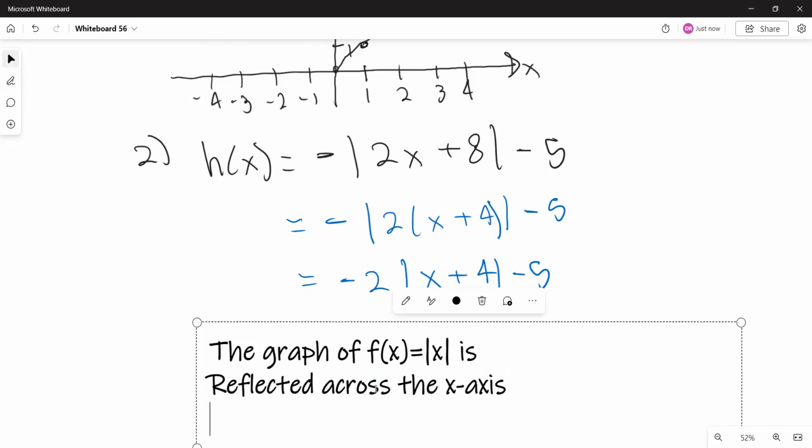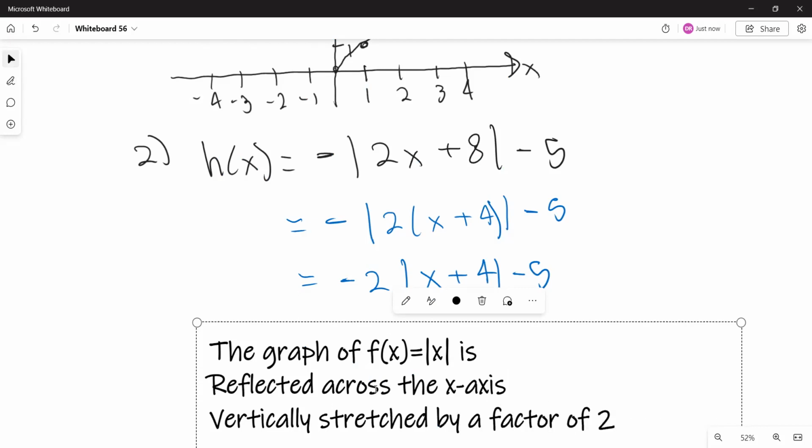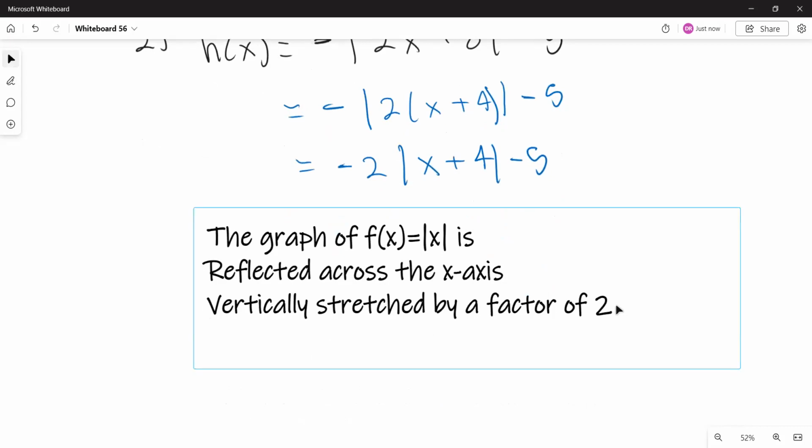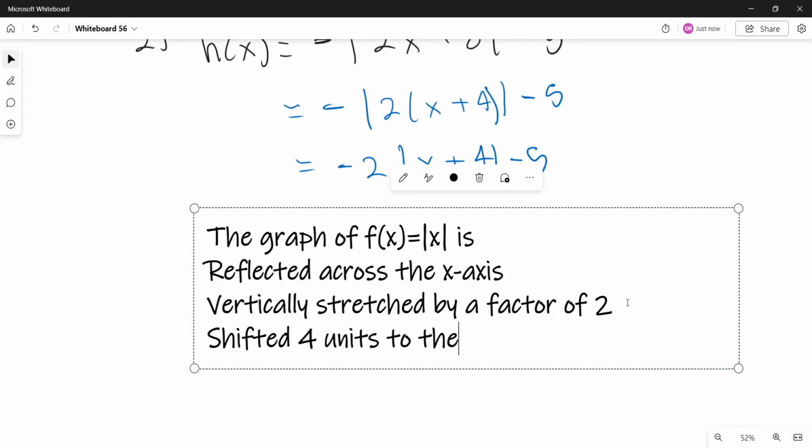It is also vertically stretched by a factor of 2 and is then shifted or translated 4 units to the left and 5 units upward. Oh, sorry, downward.